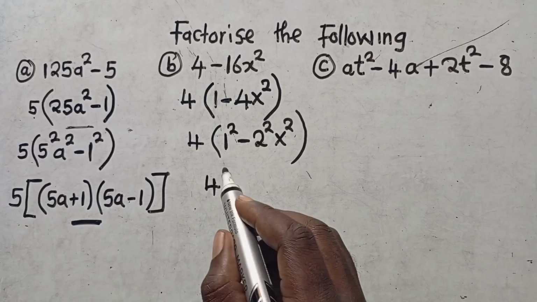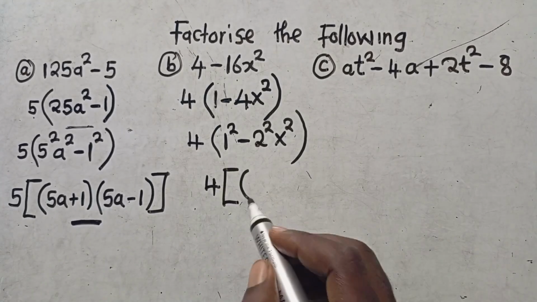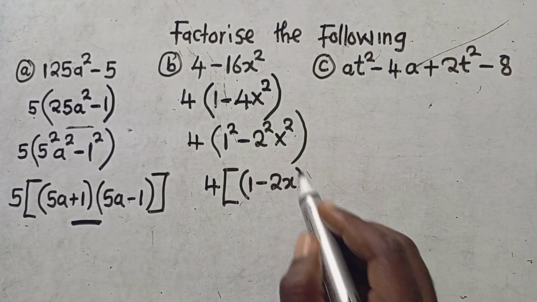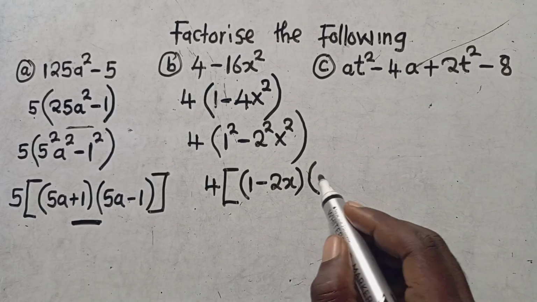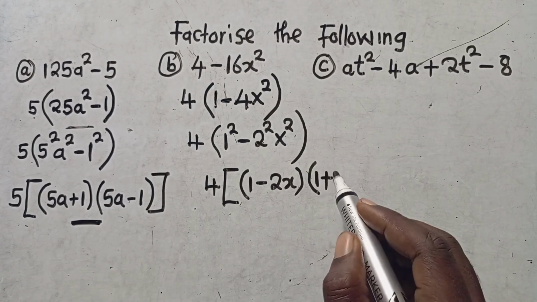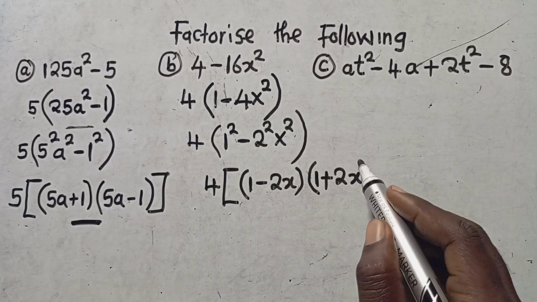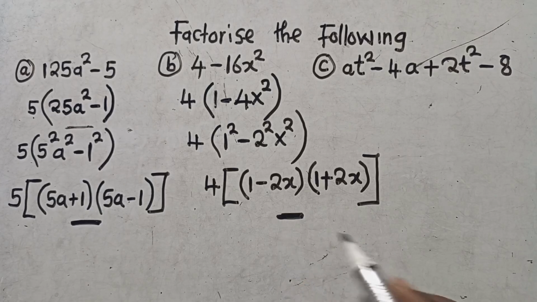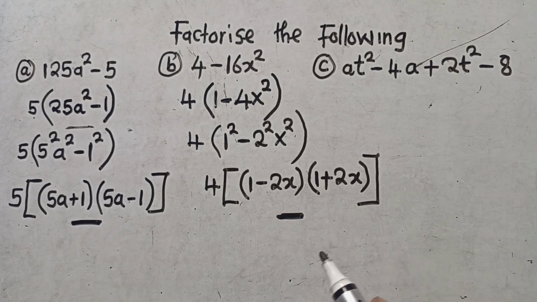I say 4, then square brackets: 1 minus 2x, then in the next bracket, 1 plus 2x. This is the answer. This is what I'm supposed to do.